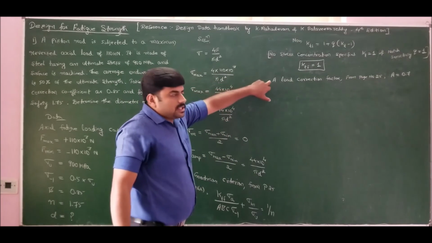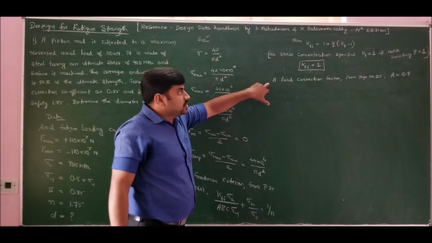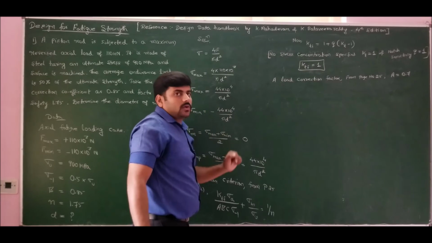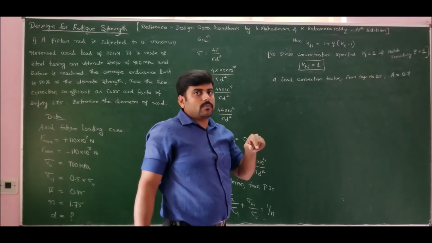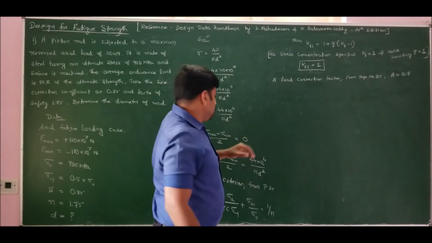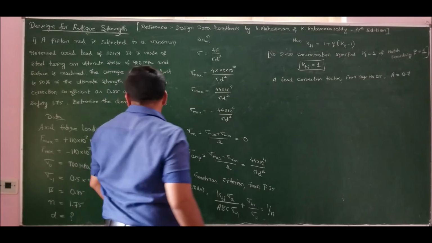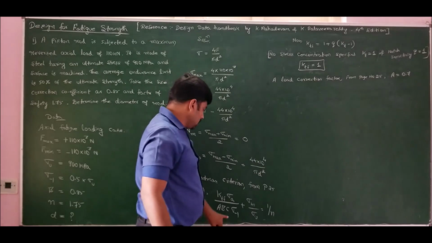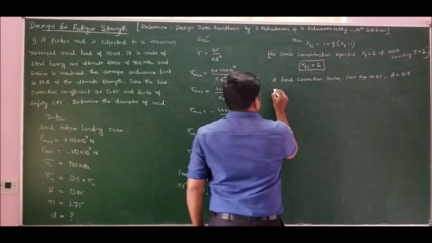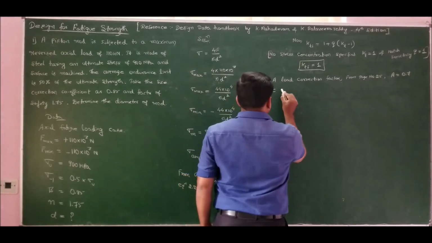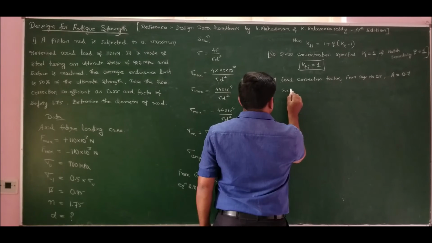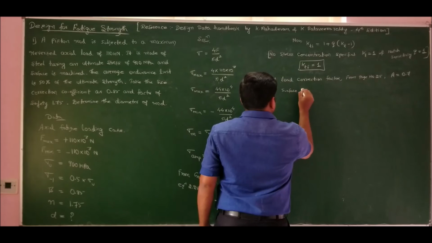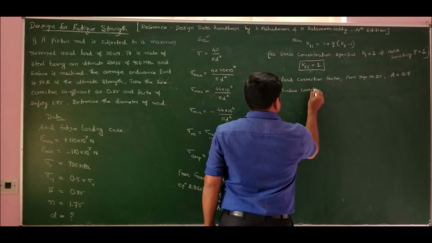The load correction factor is unity for reversed bending, 0.7 for axial loading, whereas for torsional load it varies from 0.5 to 0.6. Now coming to B, he has given the B factor as 0.85, that is the size factor, nothing to worry. Coming to C, C is the surface correction factor.